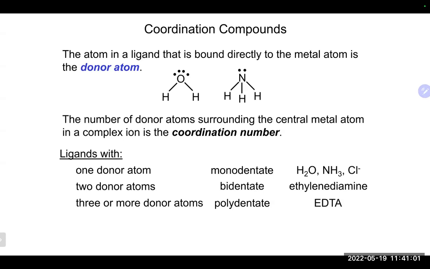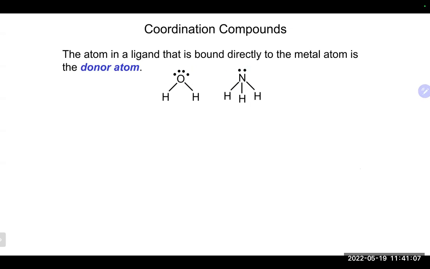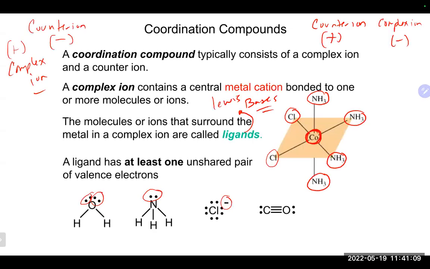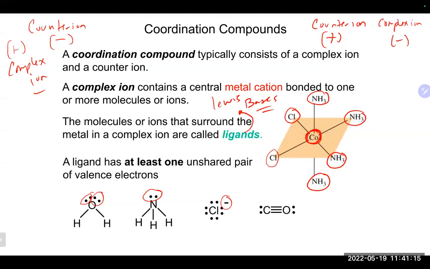So when we look at that in the previous example here on the previous page, in each of these cases, the connection is really happening only through one atom. It is the nitrogen in each of the NH3s here that are going to be attaching directly to the copper or cobalt.